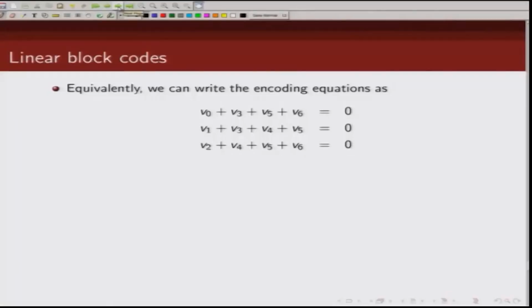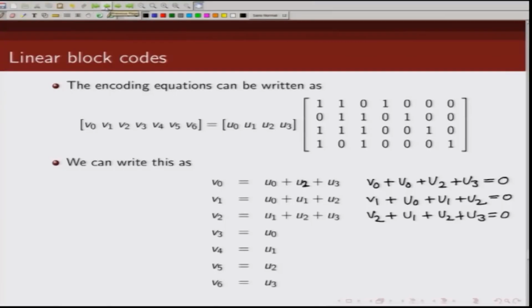So, if we do that, what we get is something like this. The first expression, which was V0 plus u0 plus u2 plus u3, can be rewritten as V0 plus, what is u0? u0 is V3, plus what is u2? u2 is V5, plus what is u3?